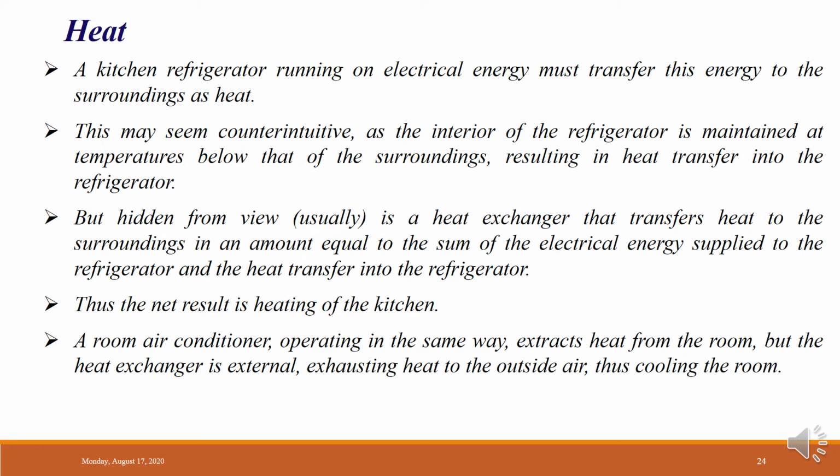Okay, the best example is the kitchen refrigerator. It runs on electricity, and it must transfer energy to the surroundings as heat. If you see the backside of your refrigerator, it is always hot, right? Because it takes energy from inside and rejects the energy at a higher temperature outside.